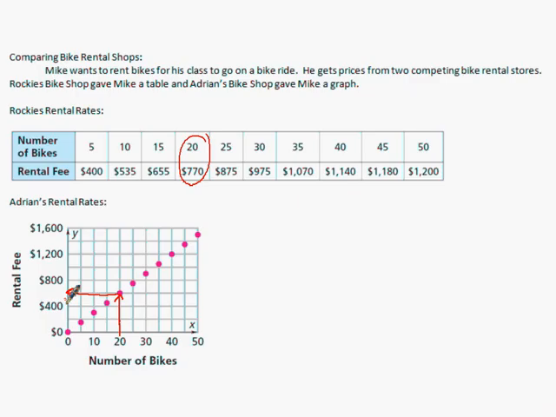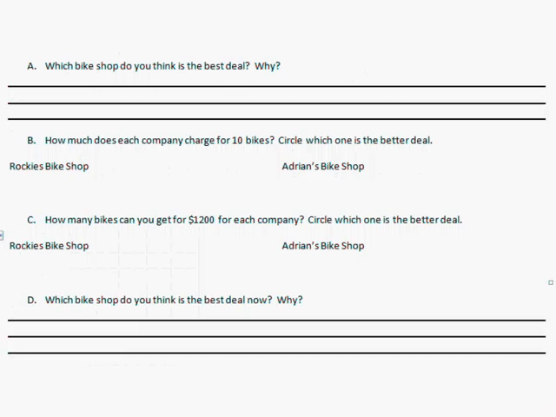So $600 or $770. So obviously Adrian's, because 20 bikes cost less there.